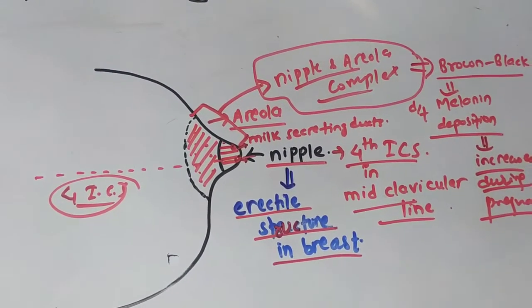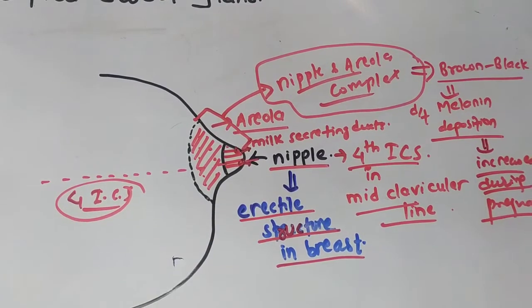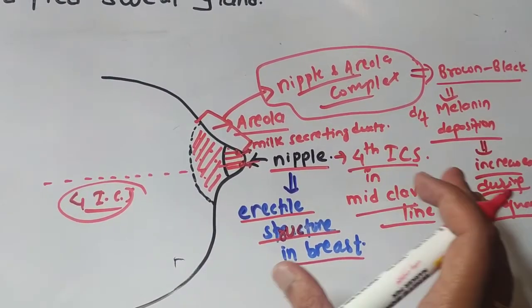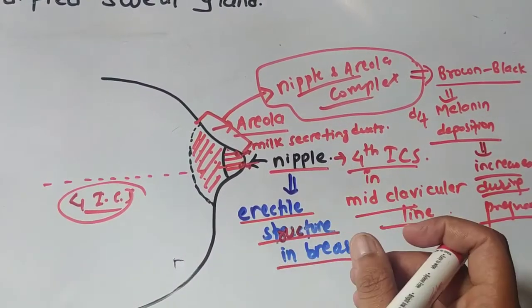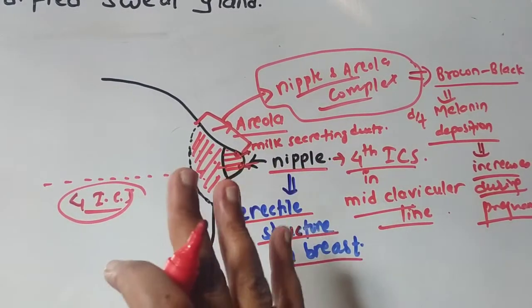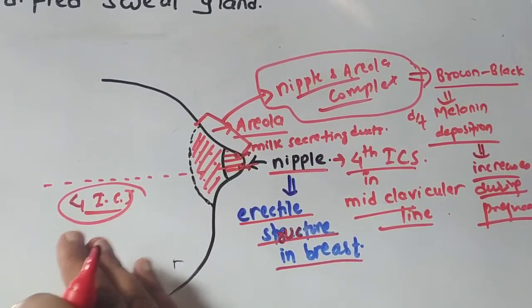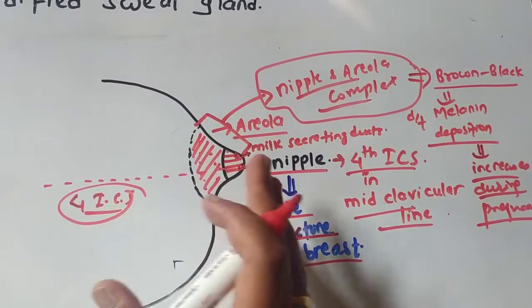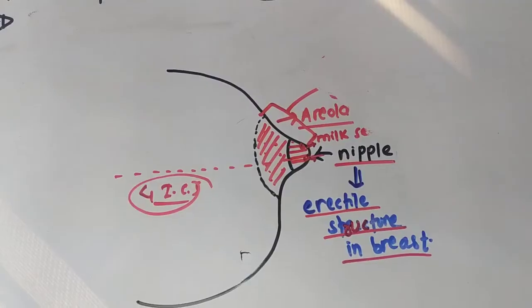Just by watching the color of the nipple and areola, you can tell whether the mother is pregnant or not. In a non-pregnant female and a pregnant female, the color can be differentiated very easily.